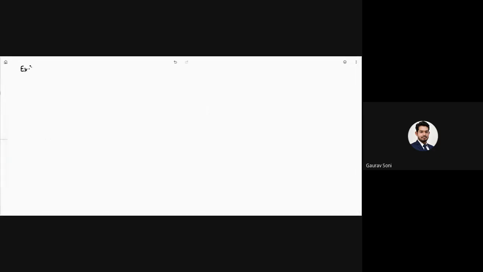Next example, if f bar is equal to 2xy plus 3z square i bar plus x square plus 4yz j bar plus 2y square plus 6xz k bar.